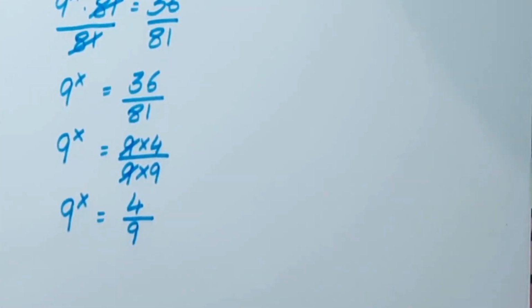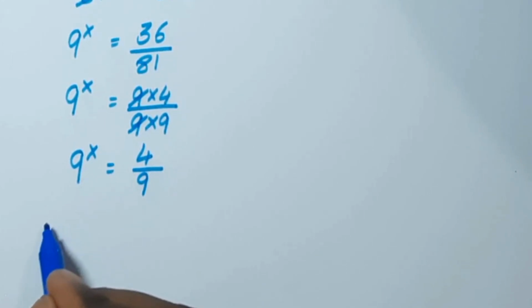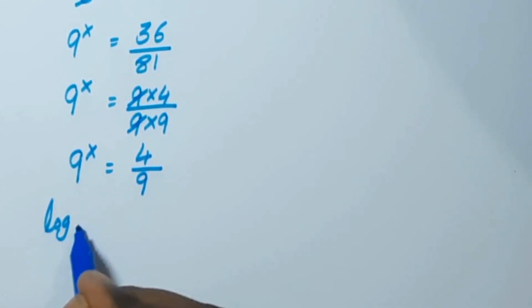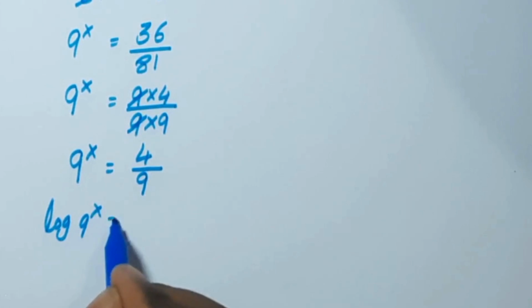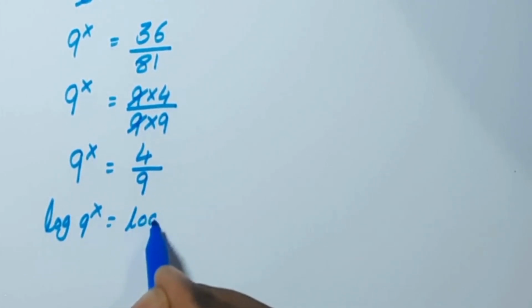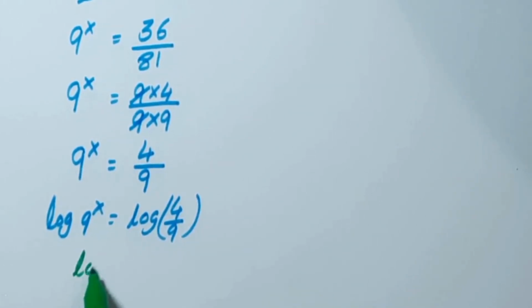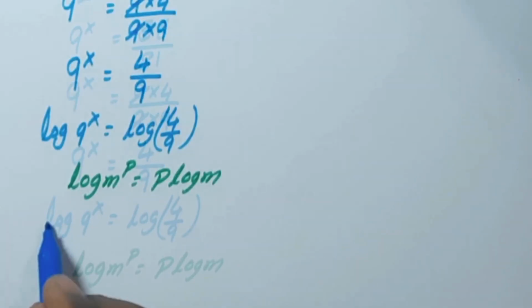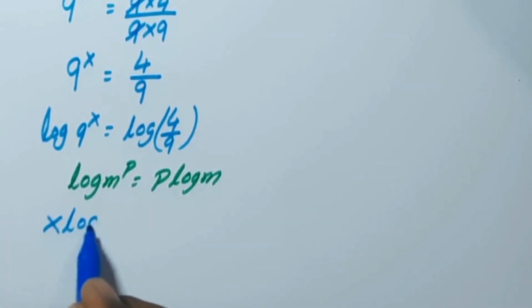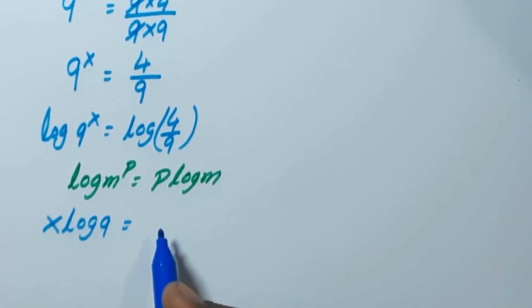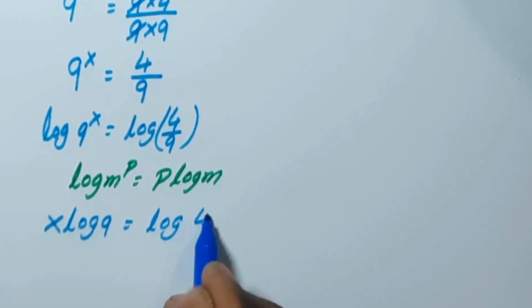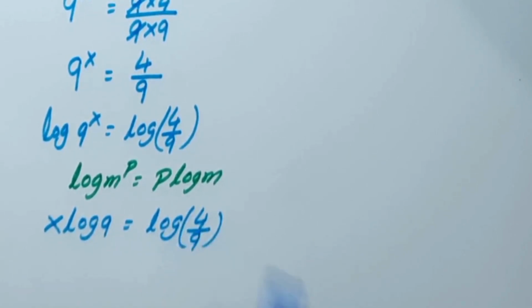Now take a log on both sides. Log 9^x = log 4 by 9. Log m^p = p log m. So x log 9 = log 4 by 9.